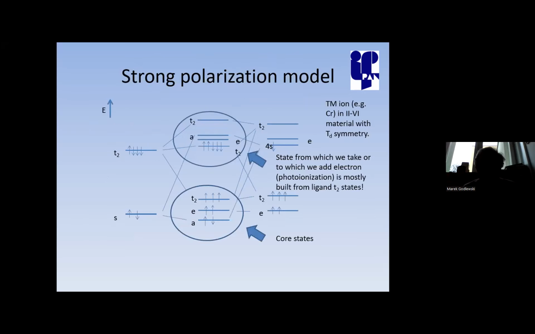The model I'm showing starts once more with this very schematic picture. We can say these are core states, and these are the external states.